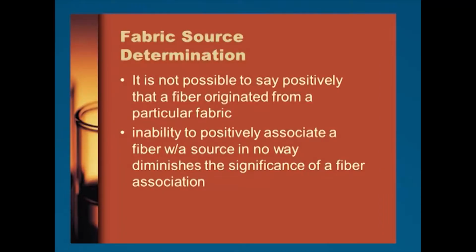Coming to the source determination. Fibers can be exchanged or transferred from individual to individual, individual to object, and between objects also. If fibers get associated with a particular source, for example a fabric, then it becomes easy to link the victim, suspect and the scene of crime, thereby giving it evidentiary value. The probative weight of this value is dependent upon many factors.